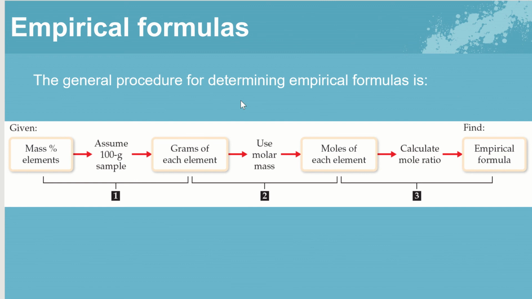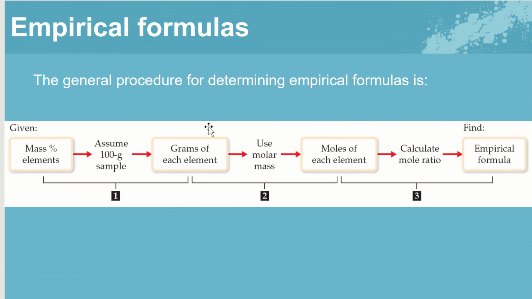And so the general procedure for determining empirical formula is this, right? We're given the mass percentage of the elements, and we assume that we have a 100-gram sample. And so we basically just change a percent to grams because of this assumption. And that is step 1.